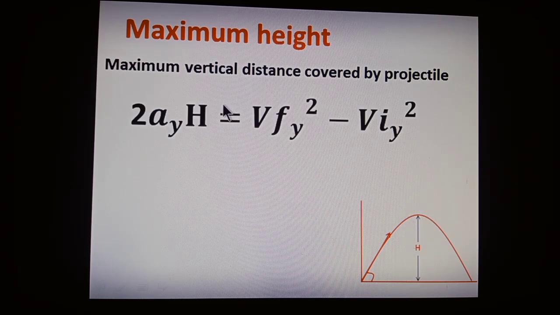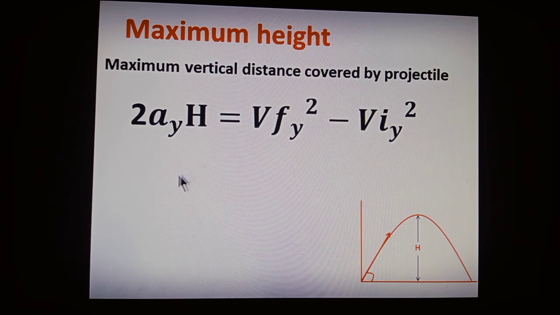That is 2AYH equals VFY square minus VIY square. Now inserting the values of AY and VFY, at maximum height the vertical component of velocity becomes 0.